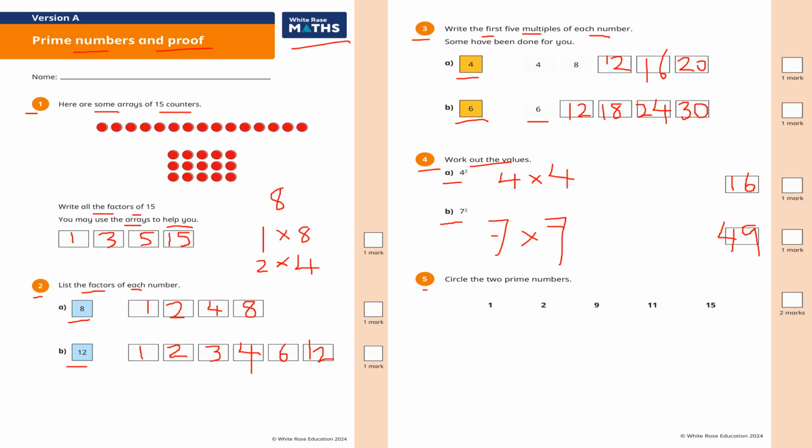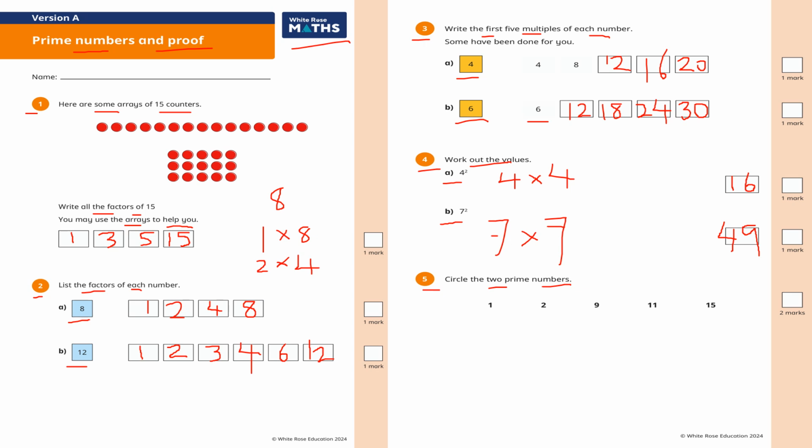Question number 5, circle the 2 prime numbers. Now, what is a prime number? Just briefly, a prime number is a number that has explicitly 2 factors, one and itself, not being 1.